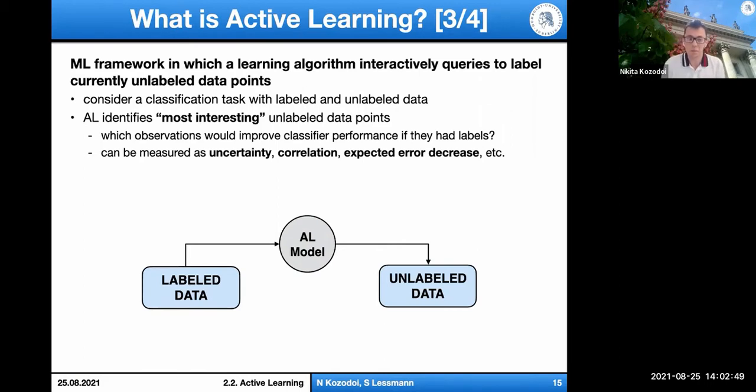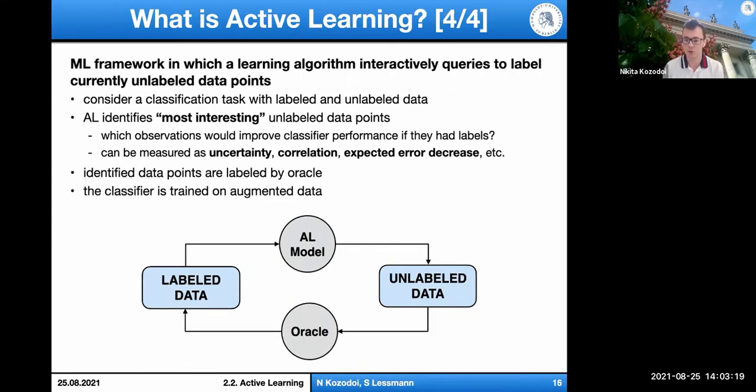And what useful means depends a lot on what exact active learning technique you are using here. Essentially, you are trying to answer a question: which observation would improve the performance of my classifier, of my scoring model, if I knew the label of this observation? And this can be measured in different ways, like uncertainty, expected error decrease, and others. It depends on the exact method.